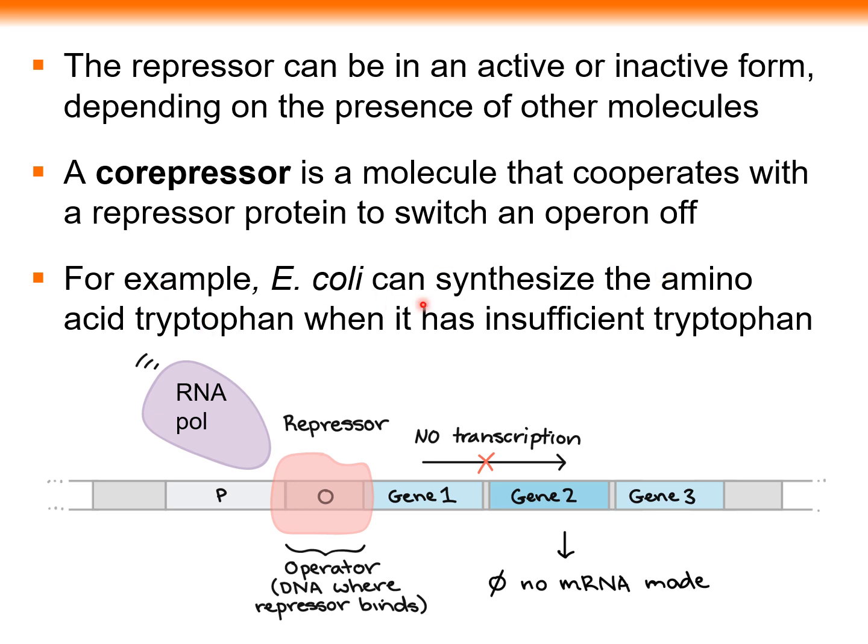So here's just an example in bacteria. Let's try to make it simple. It sounds kind of crazy, but it is. This repressor for the tryptophan operon won't work unless there happens to be tryptophan around to bind the repressor in the first place.